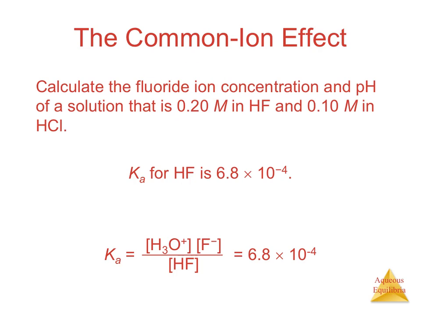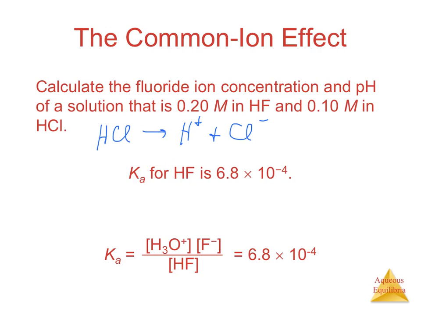Now remember that HCl is a strong acid, so the HCl is completely broken up into H plus and Cl minus. So that means my initial H plus ion concentration is not going to be 0. It's going to be that 0.1 molar. And again, I have that 0.2 molar HF.